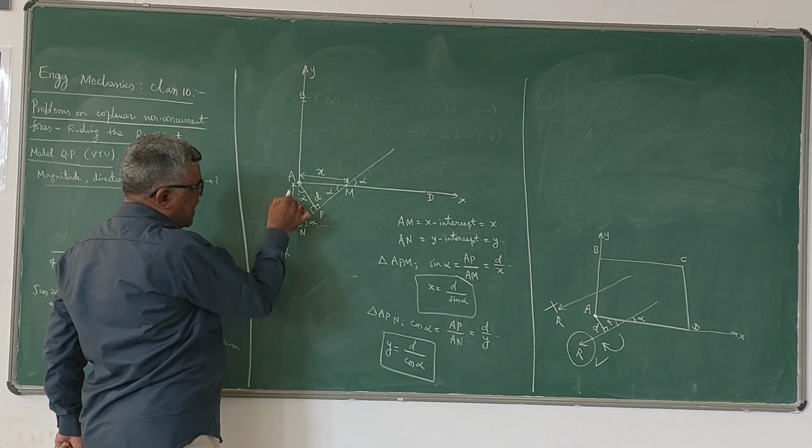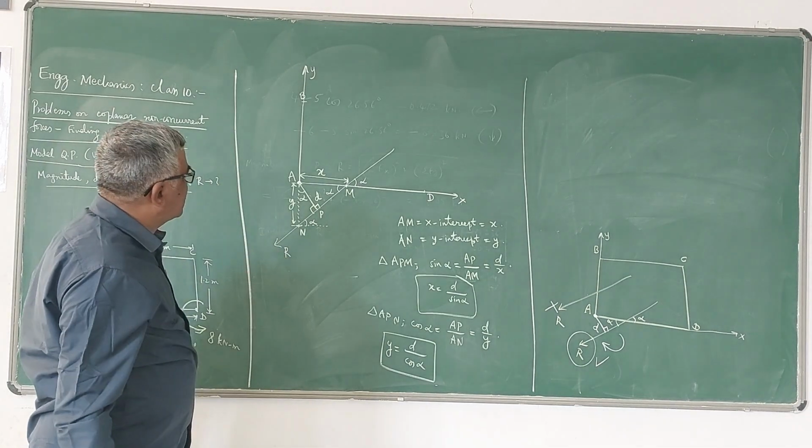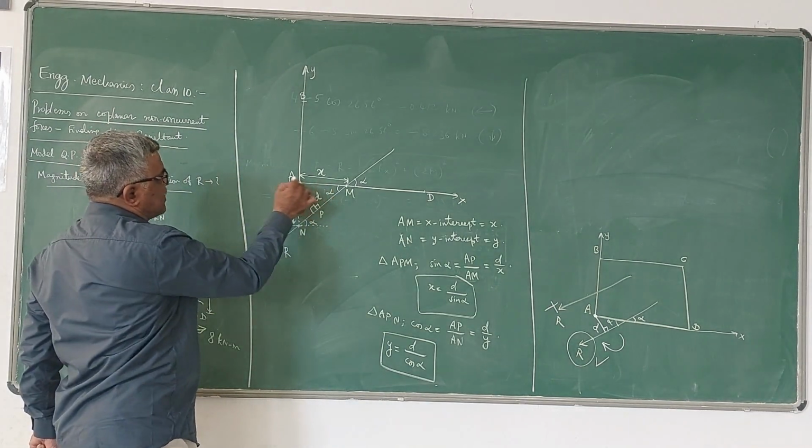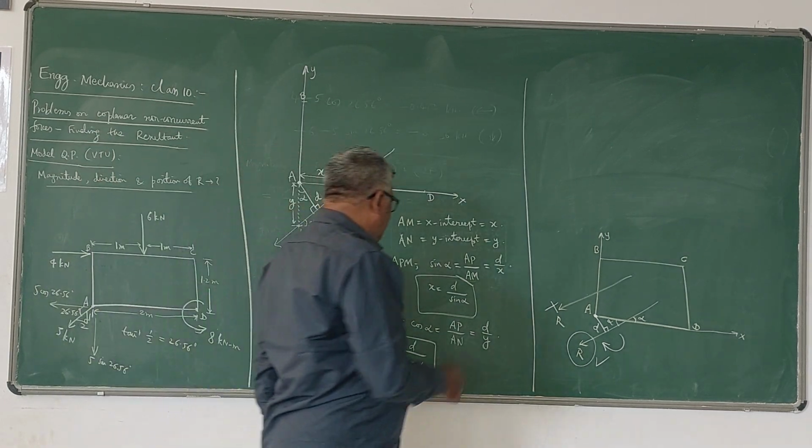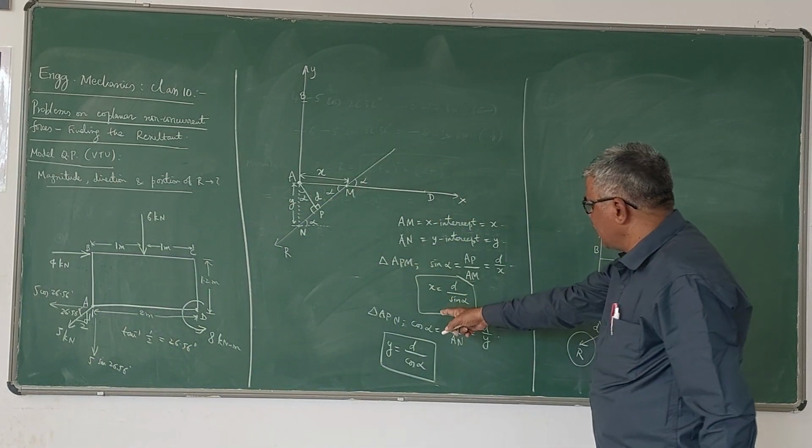Wherever it cuts the y-axis extended, that is point N. Then AM is x and AN is y.